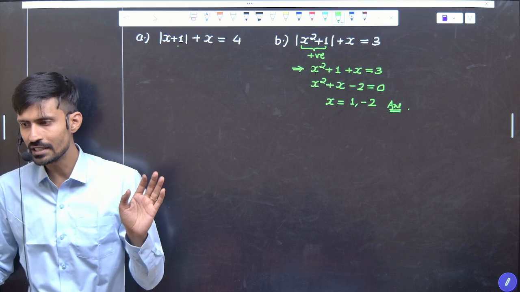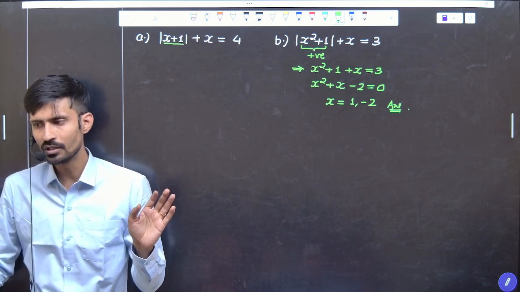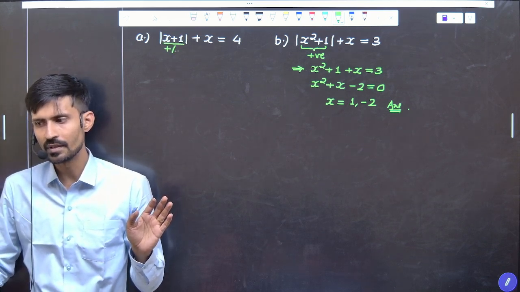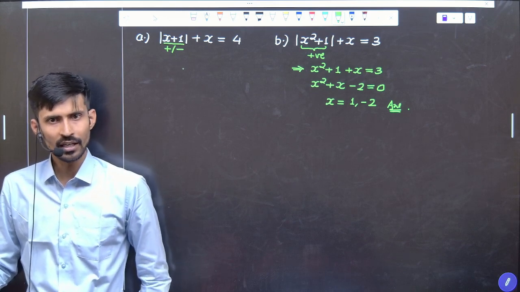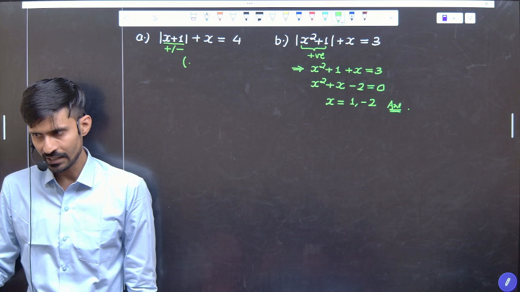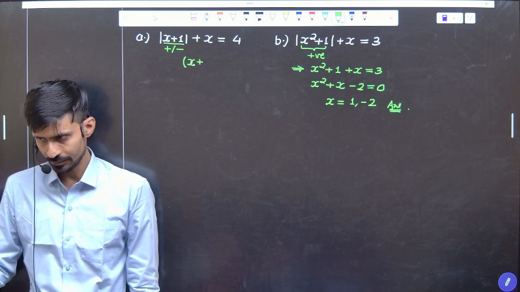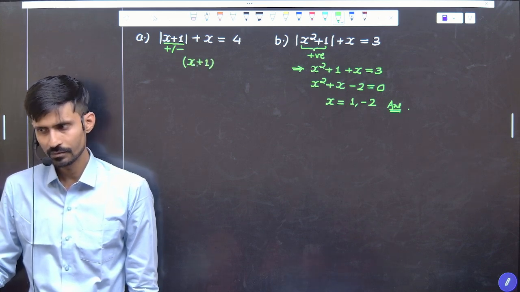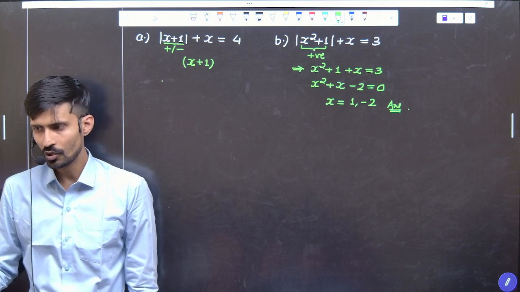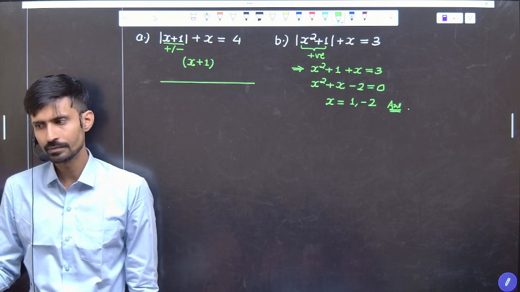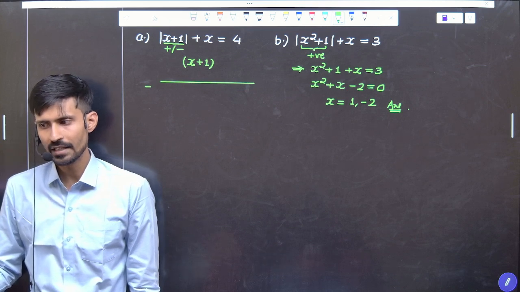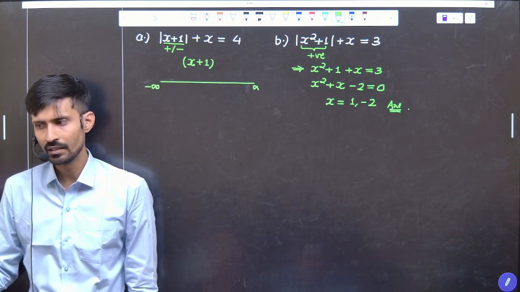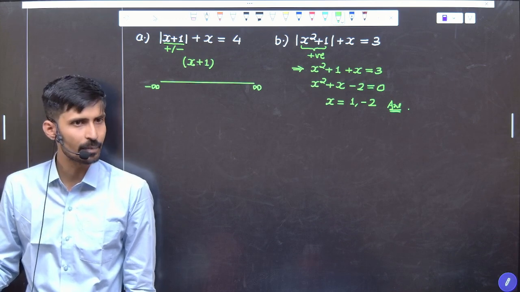So when you know the inside term is both positive as well as negative, simply draw a number line for x plus 1, from minus infinity to infinity, and solve this expression.